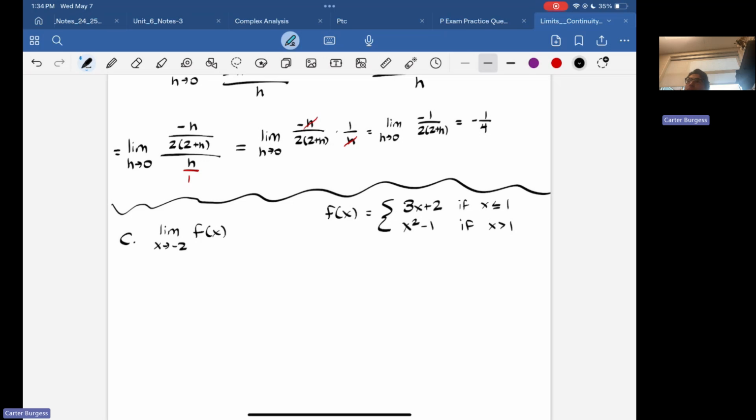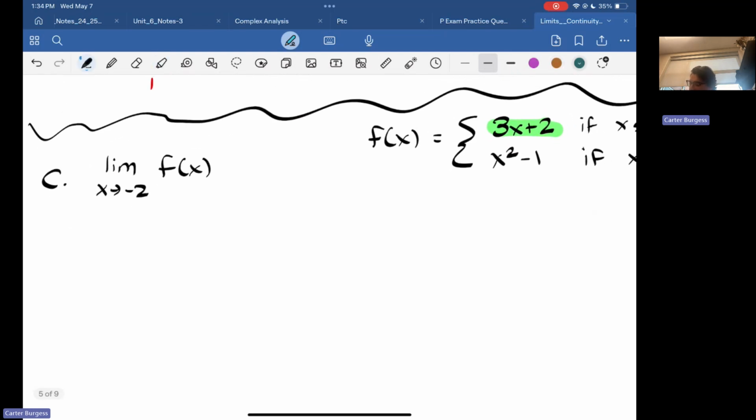Only the top. Whether I am slightly to the left of negative 2 or slightly to the right of negative 2, it does not matter. I'm only using the 3x plus 2 definition when I'm in that vicinity.